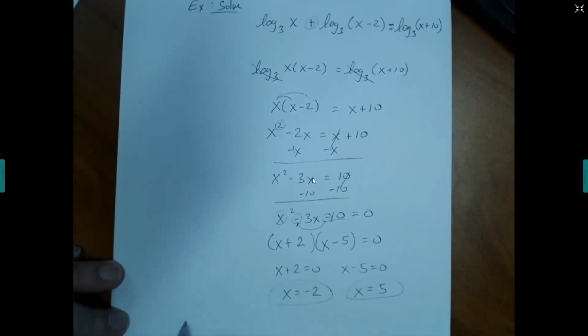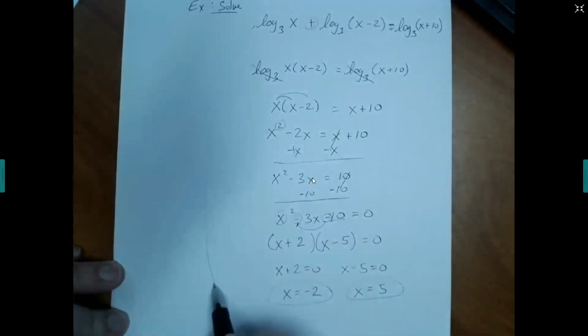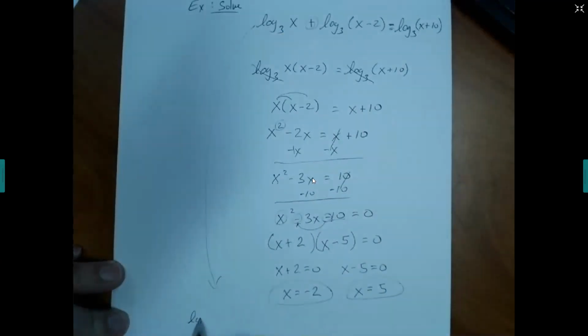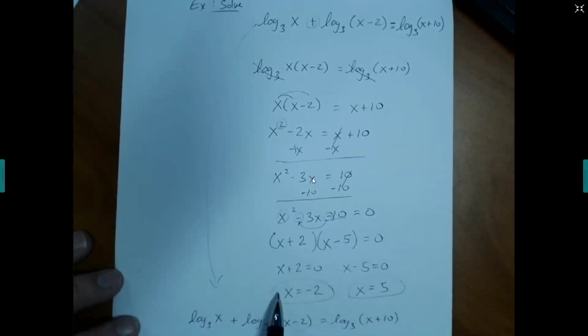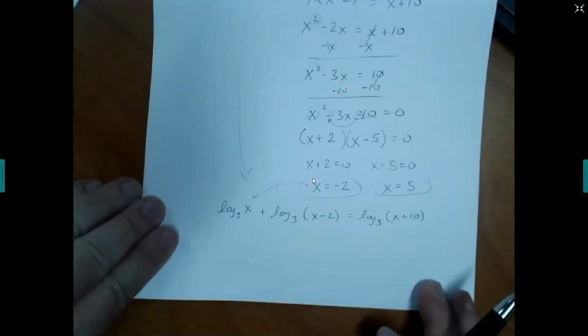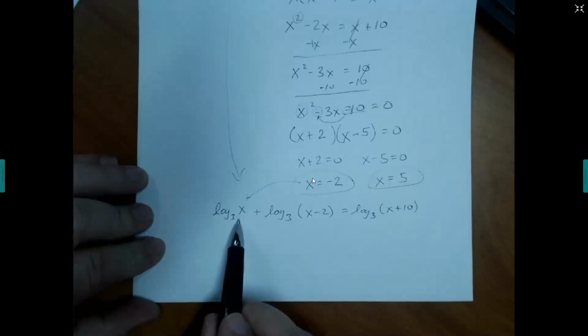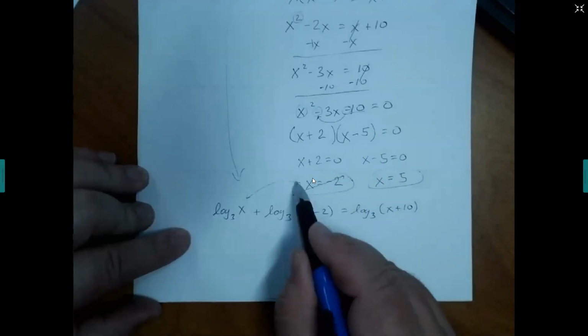If we look at our original equation, log base 3 of x plus log base 3 of x minus 2 equals log base 3 of x plus 10. If we plug in negative 2 for this first one, it's undefined because you can't have a log of a negative number. So we cannot use negative 2.